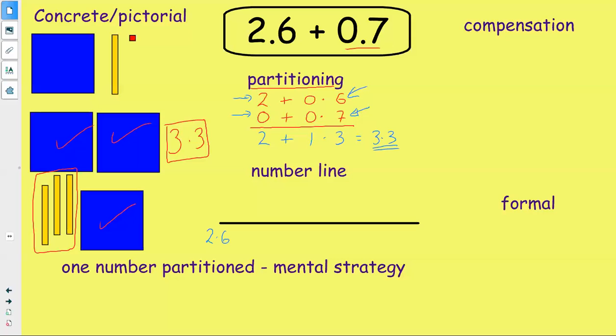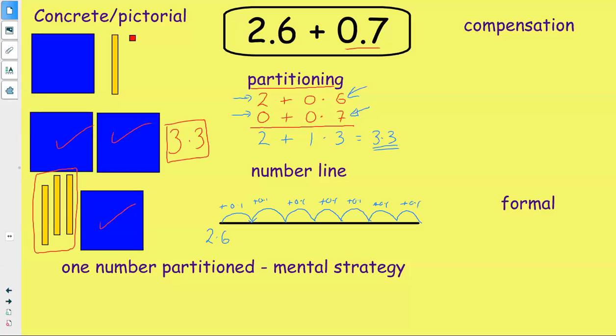If you're not comfortable with adding on 0.7 straight away, you could literally go up in 0.1s if you wish. If I did that, you would have to do 7 jumps. 1, 2, 3, 4, 5, 6, 7. If I added on 0.1 every time, you can do bigger jumps. That's the beauty of a number line. You can do whatever you're comfortable with.